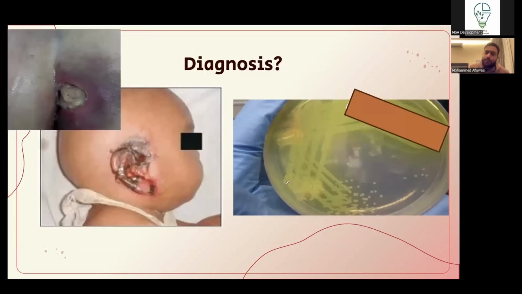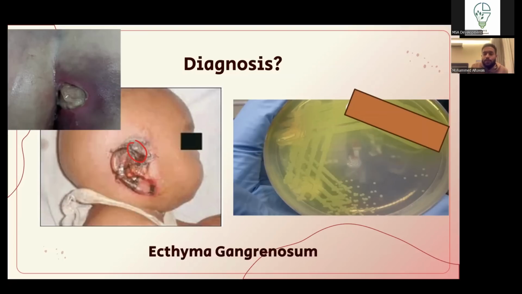Now, how about this? This is a baby presenting to you with a very severe lesion that has black necrotic areas and pus. This is what we call ecthyma gangrenosum. What is the most common organism associated with ecthyma gangrenosum? Pseudomonas. Good.